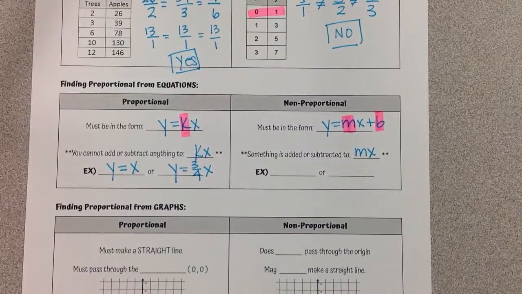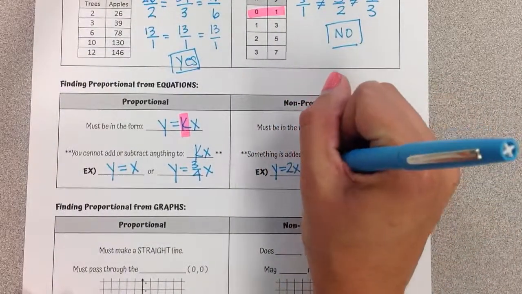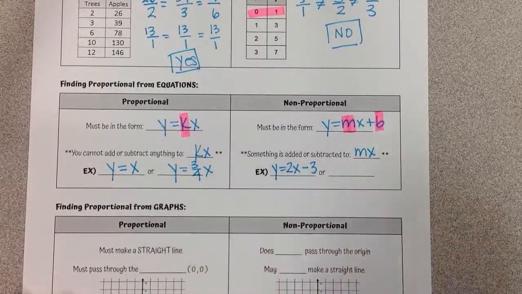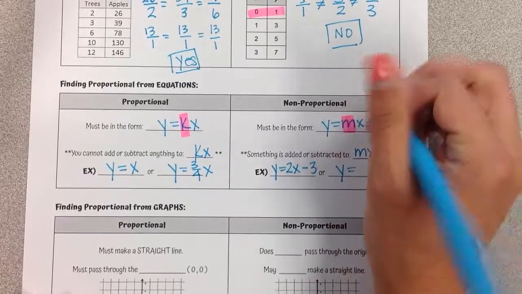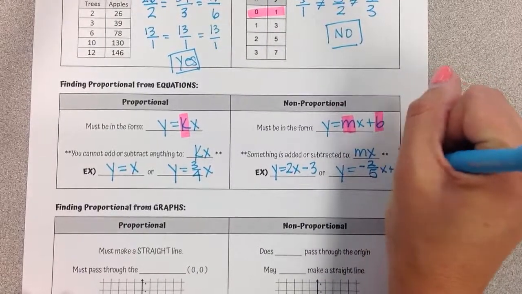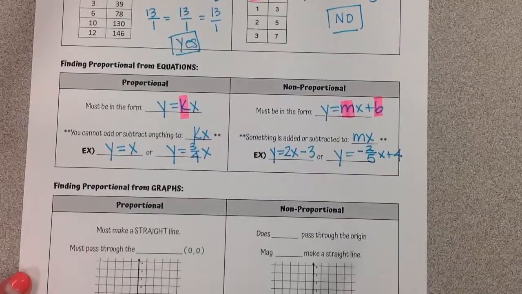So for example, y equals 2x minus 3, because there is a value that is subtracted from it. Or y equals negative 2/5 x plus 4, because we have that value that is added, that is not proportional.